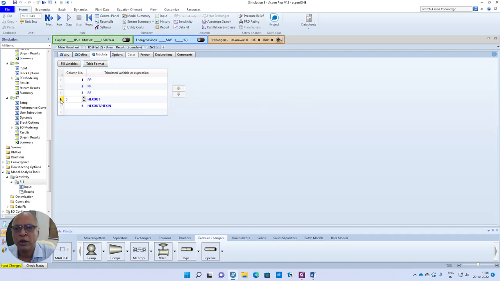This also I will remove, and I am interested in looking at the ratio itself, x out by x in. So these are the four variables that I would like to use. Having defined this sensitivity, now I would like to run it.